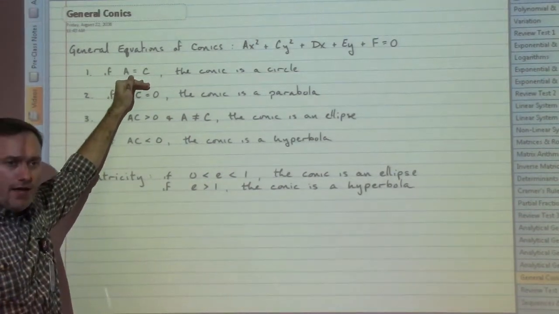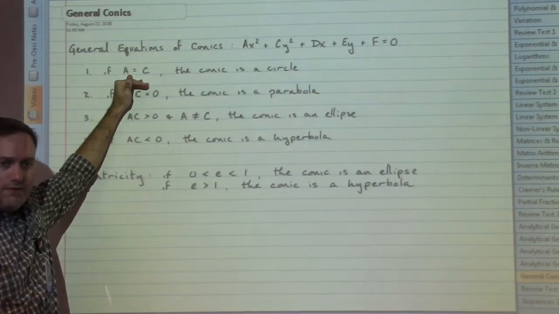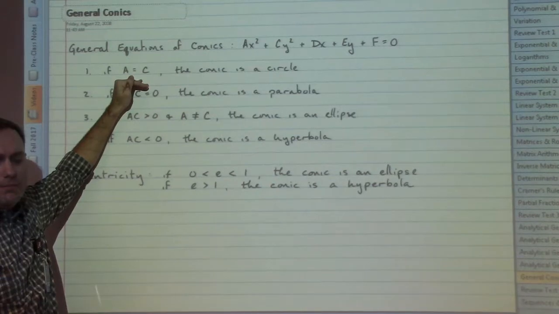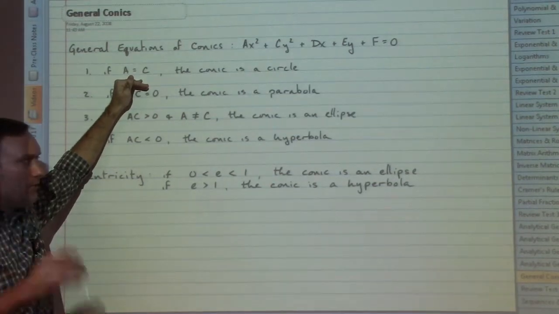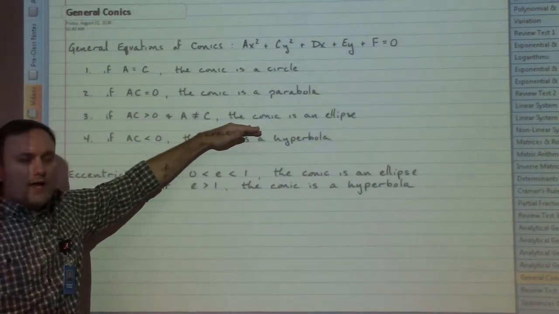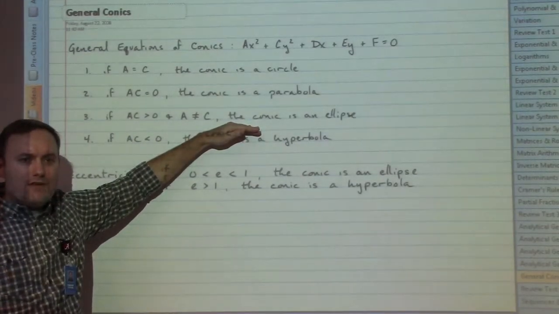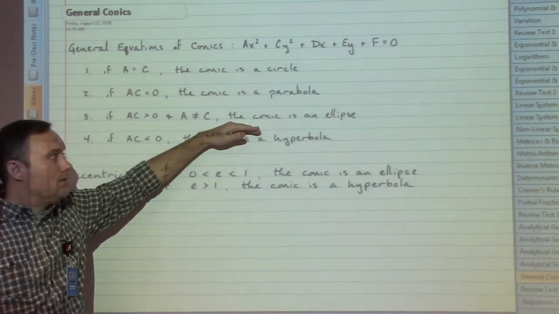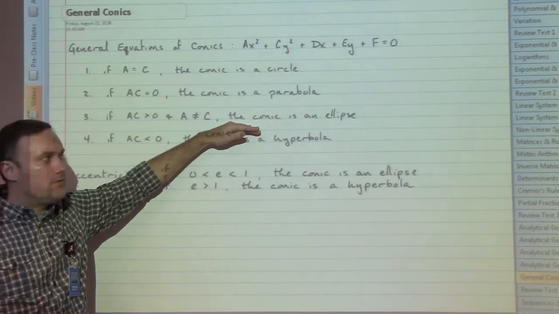Circle stuff: x squared stuff plus y squared stuff, and they have to have the same numbers in front of them. So 16x squared plus 16y squared, great, got a circle. If my x squared stuff and my y squared stuff are added together but have different numbers in front, like 16x squared and 9y squared, now we're talking about an ellipse.